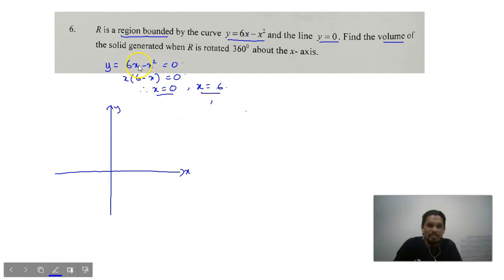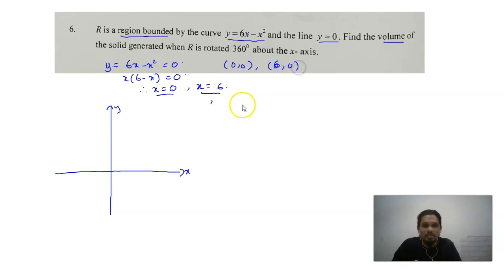Because it's clear to us, y equal to 0, then we get x equal to 0 and x equal to 6. We don't have to find out one by one because from here, it is x equal to 0, y equal to 0, and another coordinate is x equal to 6 and y equal to 0.